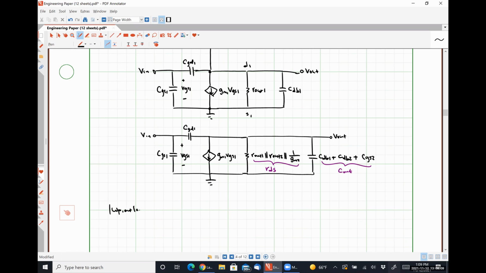When we substitute in our values for RDS and C out, that is going to look like R out 1 in parallel with R out 2 in parallel with 1 over GM2 multiplied by CDB1 plus CDB2 plus CGS2 plus CGD1 times 1 plus 1 over GM1 R out 1 in parallel with R out 2 in parallel with 1 over GM2.